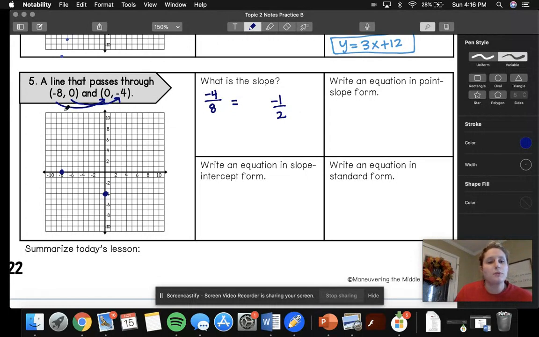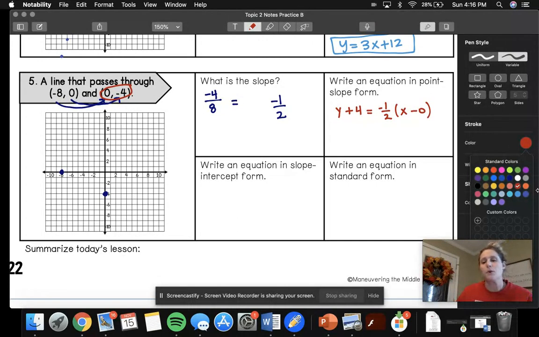In point slope form, you can pick either of these points, okay? Both of them will get you the right answer. I'm going to use this one because it kind of already looks like a y-intercept, which is cool. So I'm going to do y minus y1 equaling my slope times x minus x1.